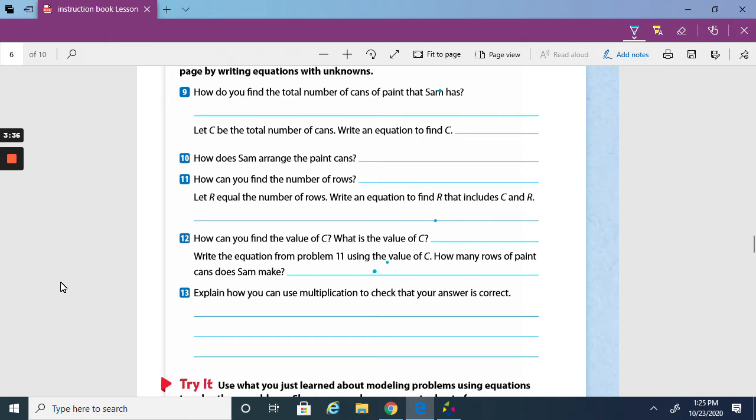Let C be the total number of cans. Write an equation to find C. Pause the video here and discuss this with someone or think about it on your own. How am I going to find the total number of cans of paint? And how would I write that as an equation so C shows my total number of cans?